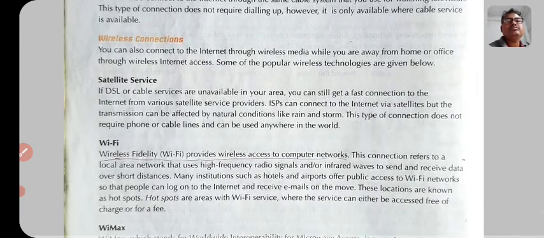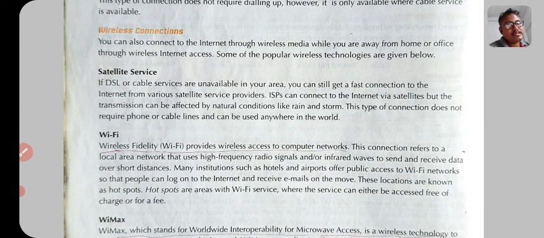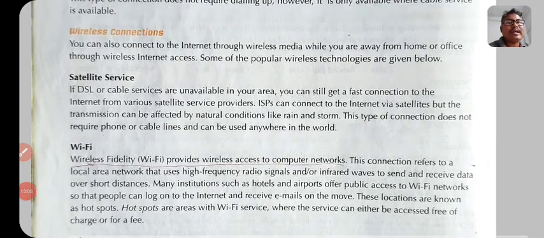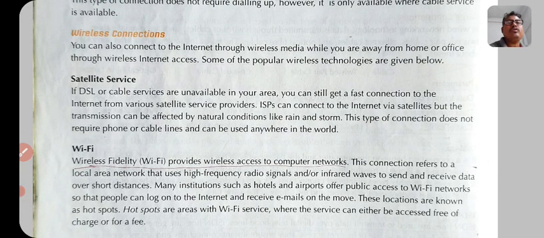Now we are going to discuss wireless connection, services which we already use on our mobile also. You can also connect to the internet through wireless media while you are away from home or office through wireless internet access. Some of the popular wireless technologies are given below. So that means we can connect to the internet without wire also.